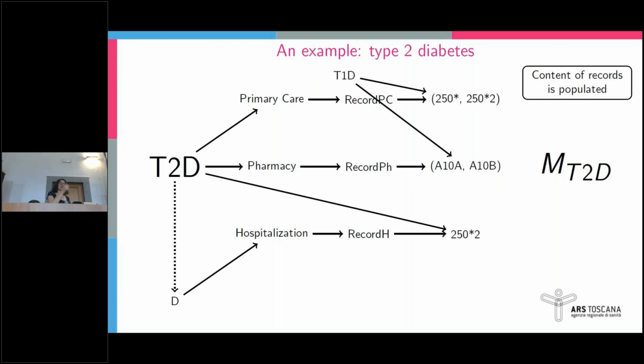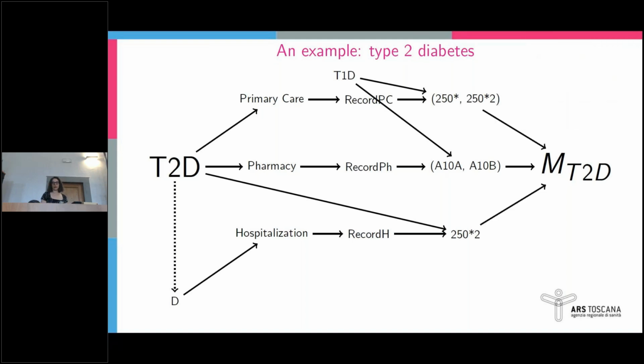And so the record exists, and the content is then populated by somebody with codes or other content that may actually be in parallel caused by type 1 diabetes, right? So some of the codes that I am exhibiting here could equally be caused by type 1 diabetes or type 2 diabetes or even other diseases. So there may be some things that are modified not only by our original disease of interest, but by others, okay?